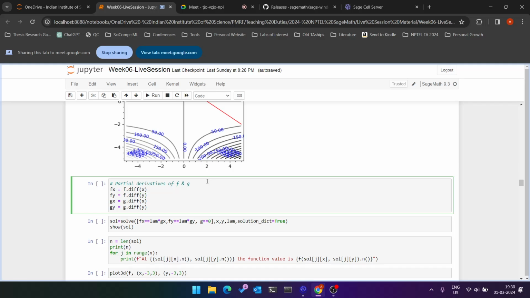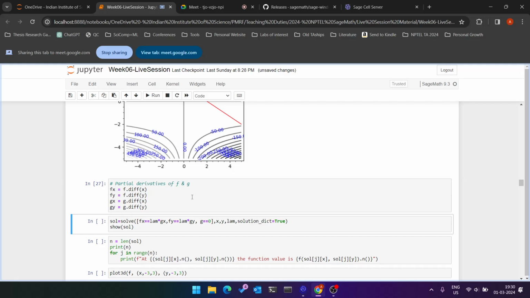To solve this constraint optimization problem, again we calculate the partial derivatives of f and g, dou f by dou x, dou f by dou y, dou g by dou x, and dou g by dou y respectively. And the process is same.